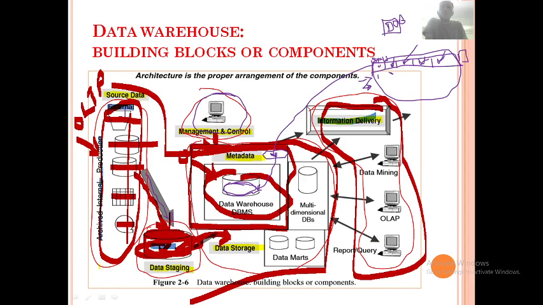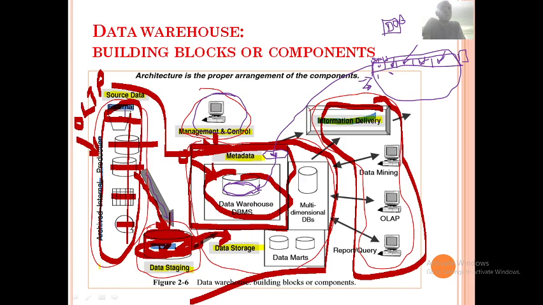This component controls the data transformation and data transfer into the data warehouse storage. Whether the data is full, whether it is not cleaned or not formatted, if it is loading, if any error occurs, all these things will be controlled by the management and control component.